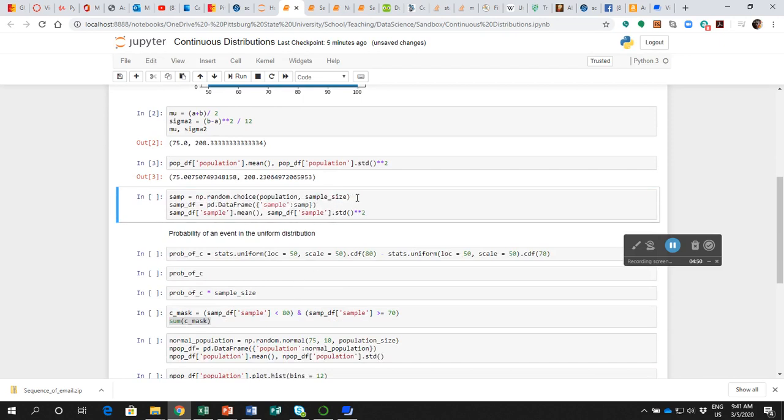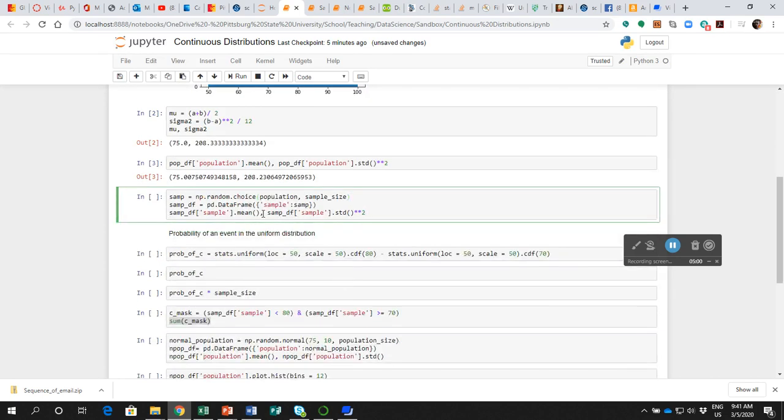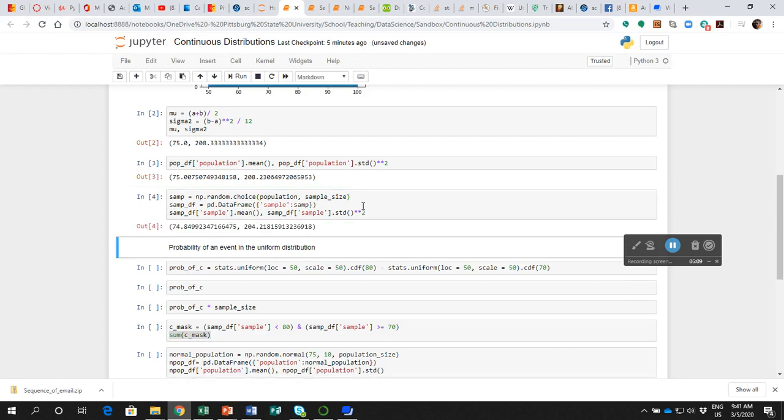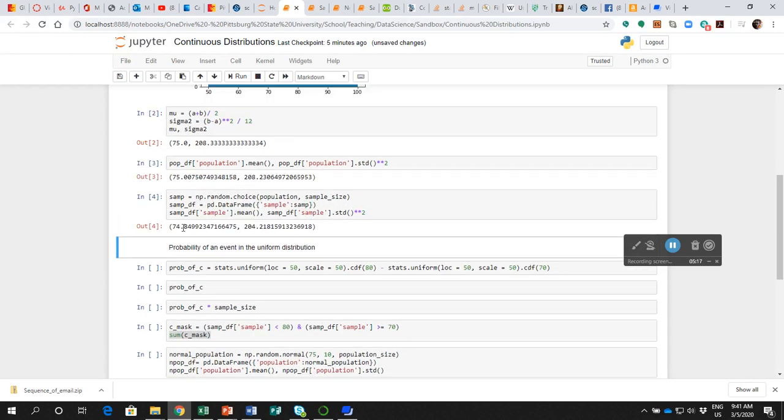Okay. Now, from this population, I'm going to take a sample. Sample size, recall, is 1,000. It's a big size sample. Going to roll that into a data frame and calculate its mean and standard deviation. Shift enter. And so we have our sample here has a mean of 74.8.